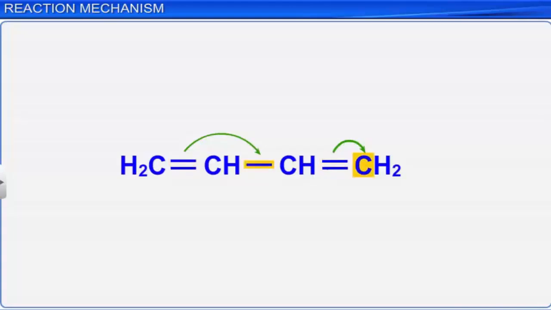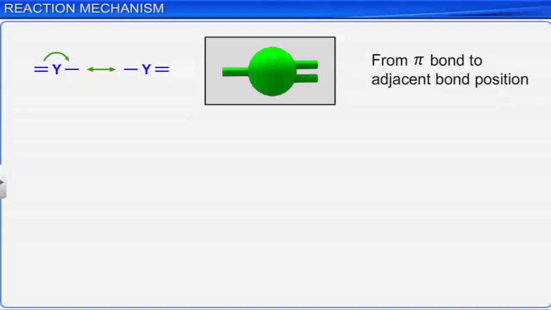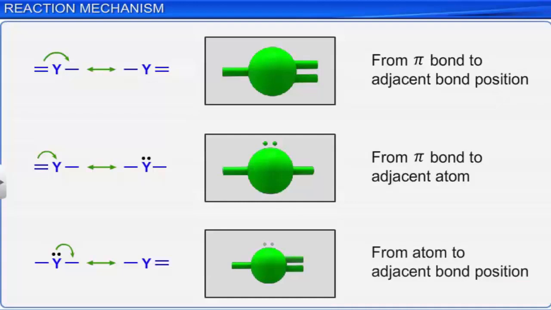For example, electron flow from a pi bond to the adjacent bond position, or from a pi bond to the adjacent atom, or from an atom to the adjacent bond position may be represented as follows.